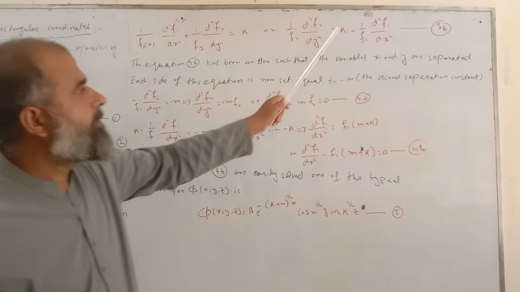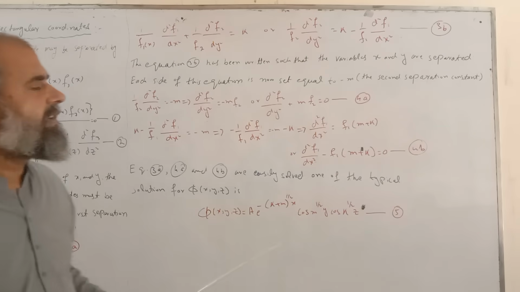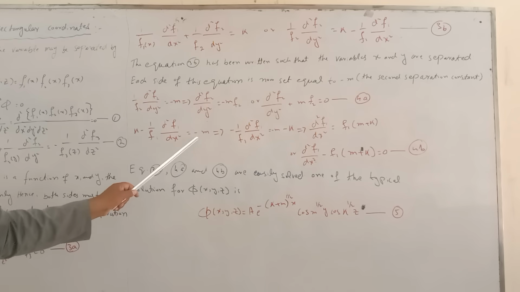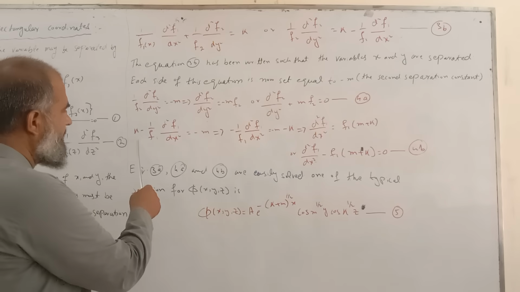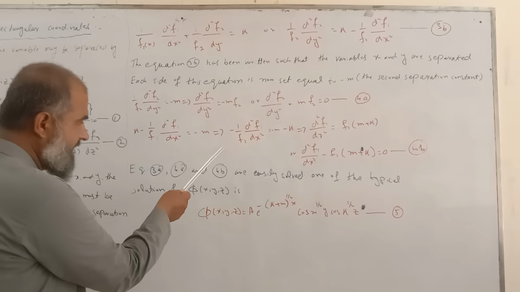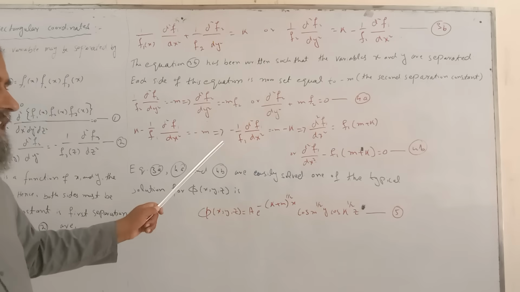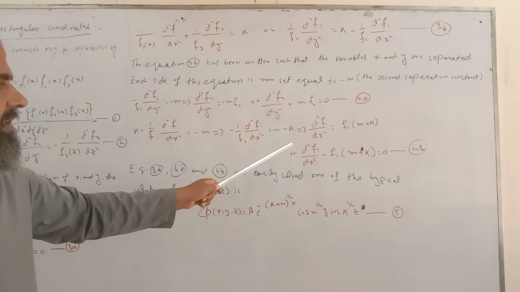And now take this other part and make it equal to the constant minus m. k minus 1 over f1 d square f1 over dx square is equal to minus m. Bringing k to the right hand side, minus 1 over f1 d square f1 over dx square is equal to minus m minus k.